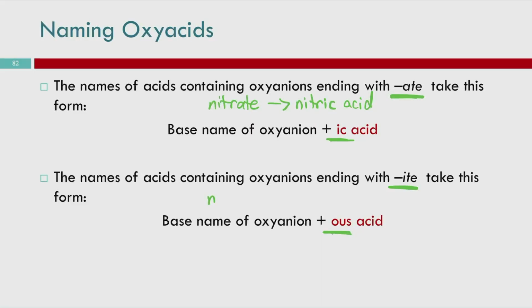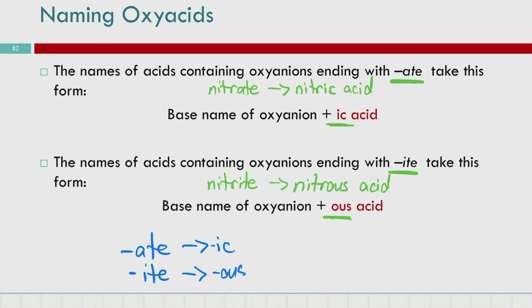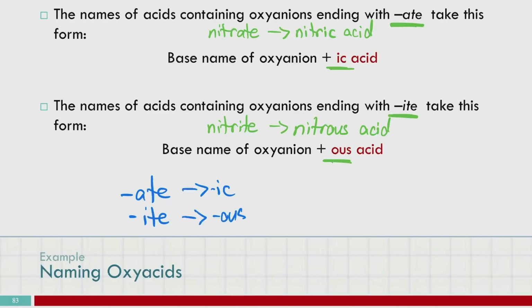So nitrite, another oxyanion, would change to nitrous acid. So ATE turns into IC, ITE turns into OUS. That's our rule.